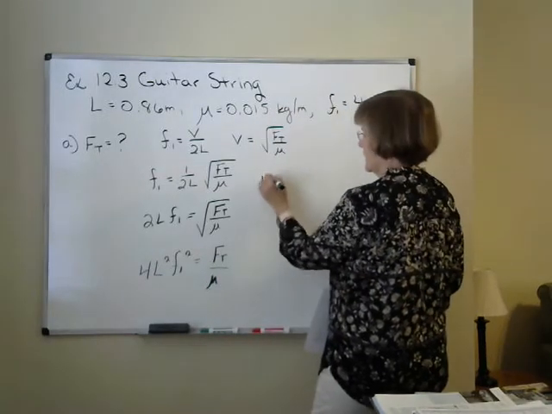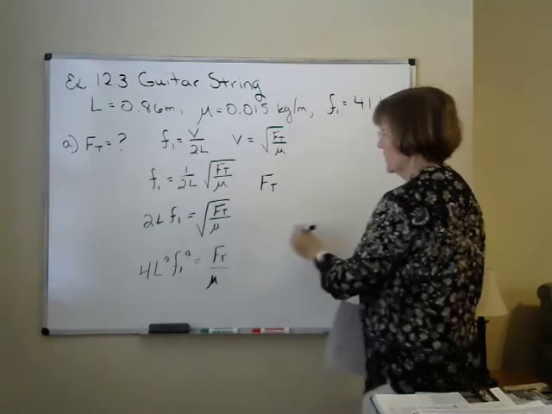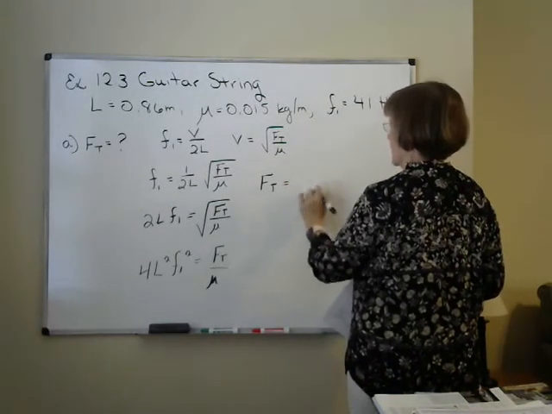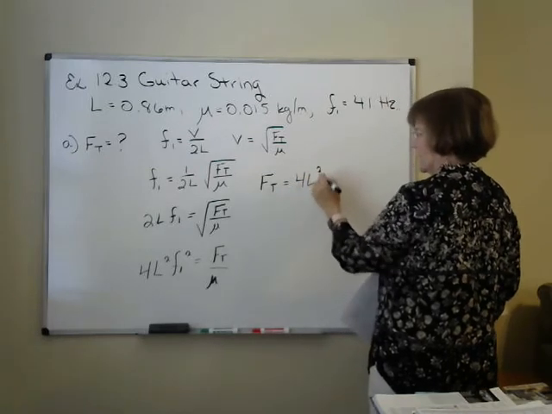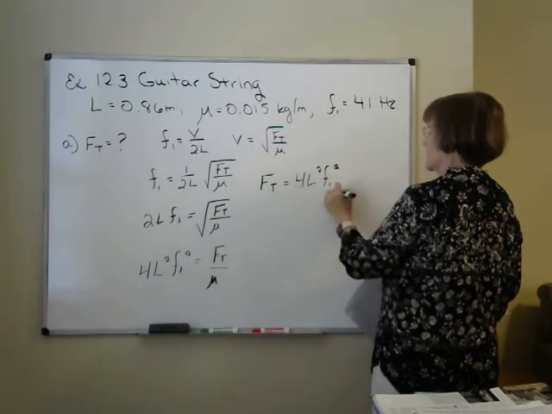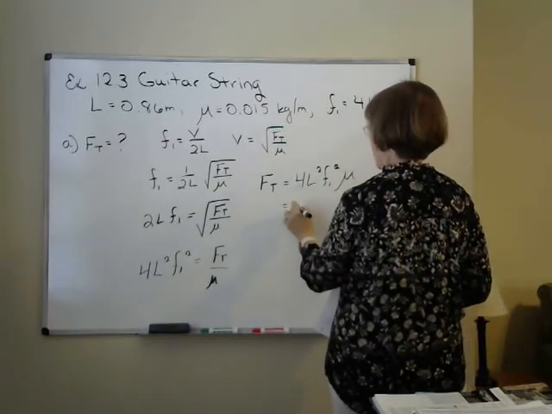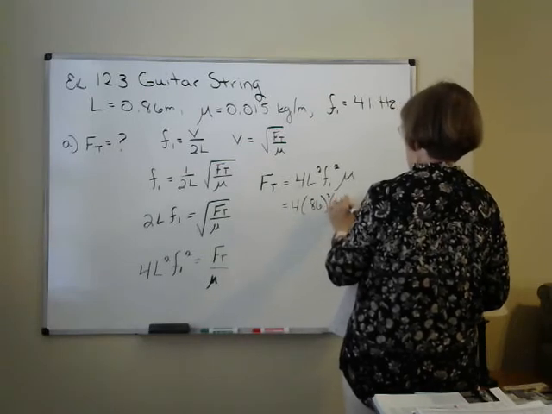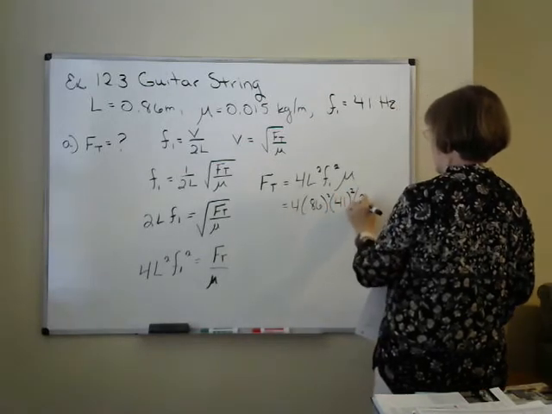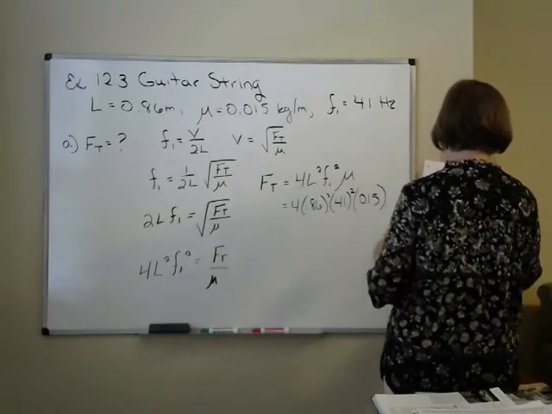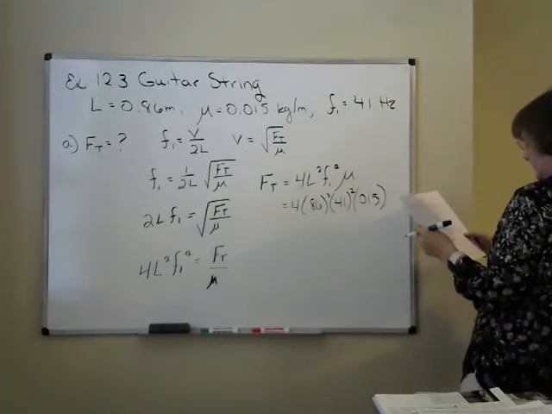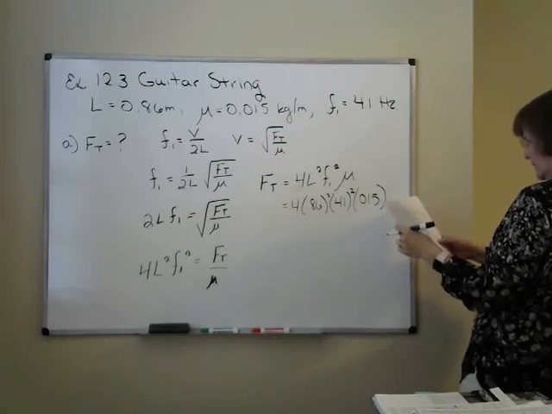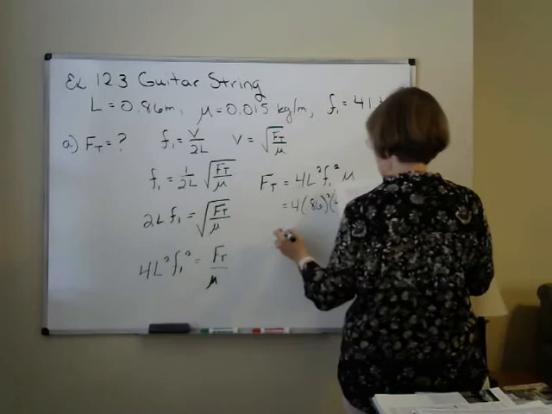So now I get that the tension, when I multiply by the mu, is simply 4L squared F1 squared times mu. Now I'm putting in my numbers. Put all of those numbers in. And I get 74.6 newtons.